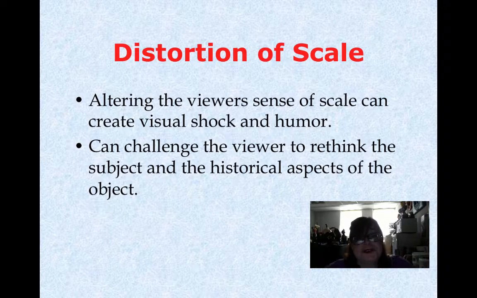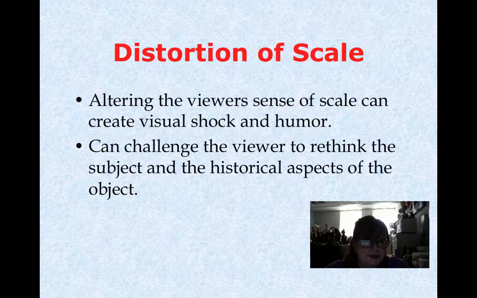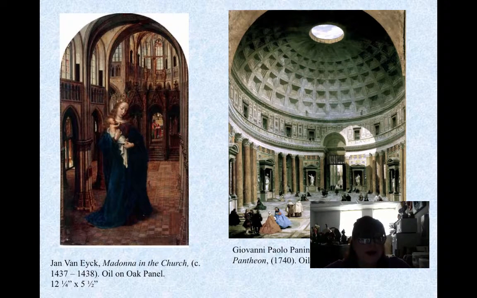So distortion of scale. Sometimes a sense of scale will be distorted in order to create visual shock, sometimes humor, and it can also challenge the viewer to rethink the subject and the historical aspects of the object. So here, I mentioned in medieval art, they also used scale, and this is Jan van Eyck's Madonna in the Church, and one of the other things that they often did in medieval times is they linked the body of Mary, the Madonna, with the body of the church.